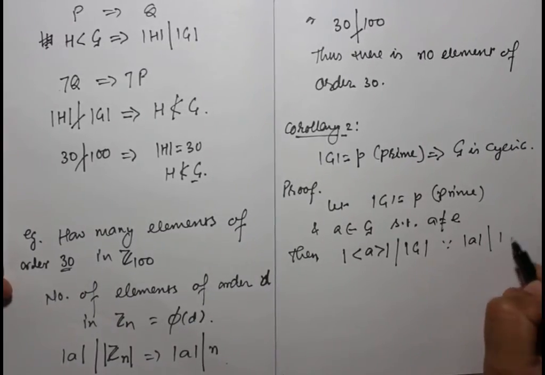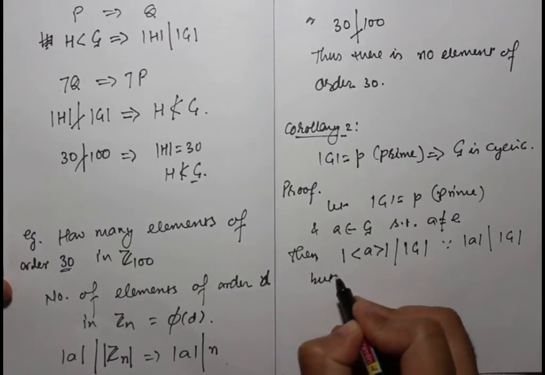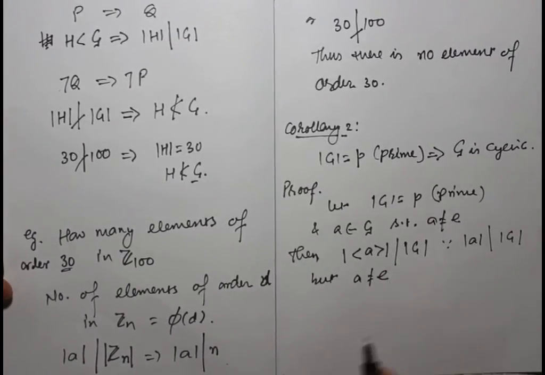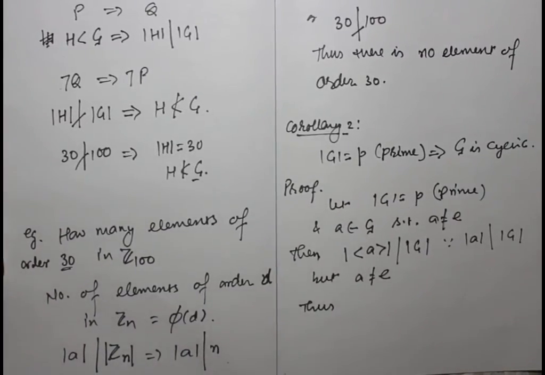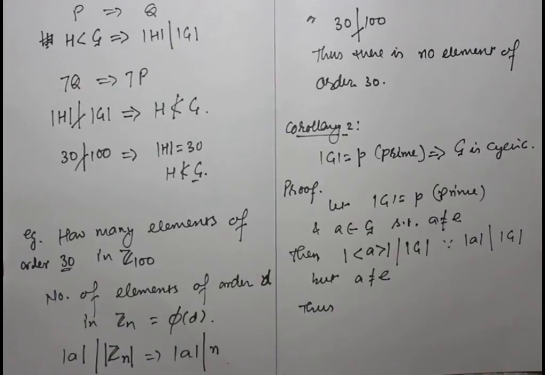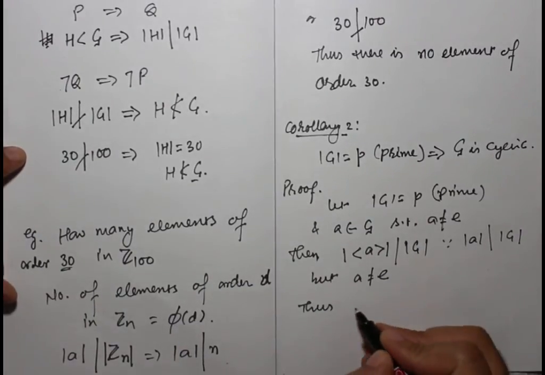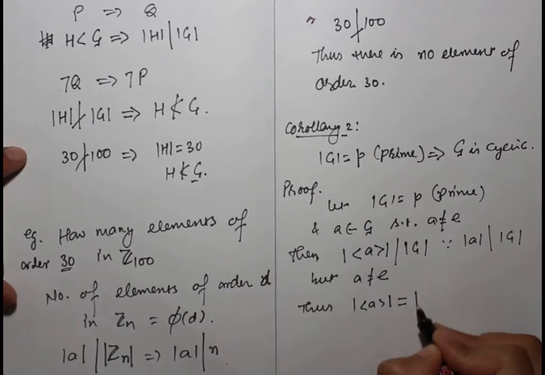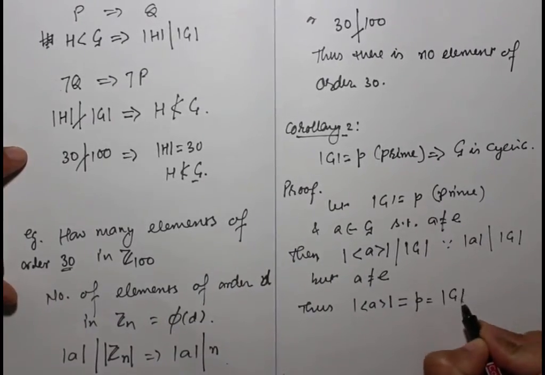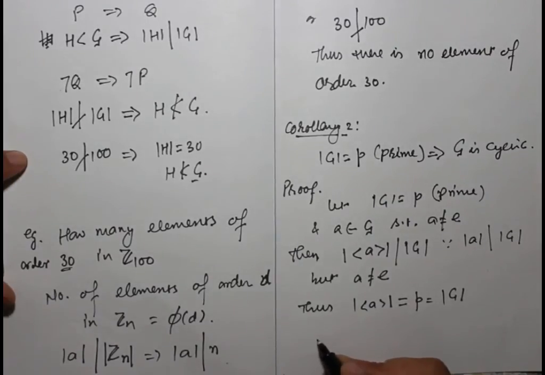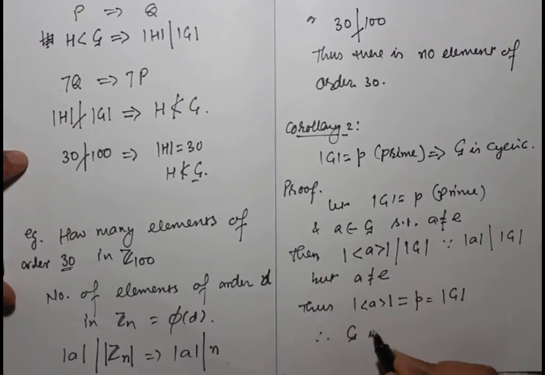Since order of a should divide order of G, but a not equal to identity, thus order of this subgroup must be P. This is the order of G. Therefore G is cyclic.